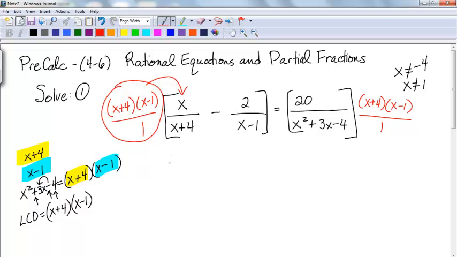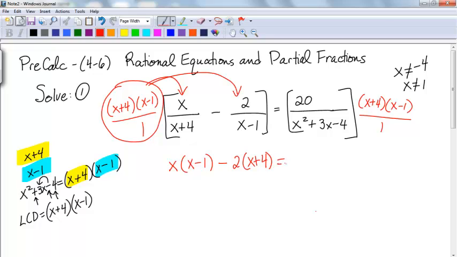So if that divides out, what's left is x times x minus 1, minus. Now take that whole thing times 2 over x minus 1. When you multiply it out, the x minus 1s will reduce, but do it by sight, and what's left is this 2 times x plus 4.